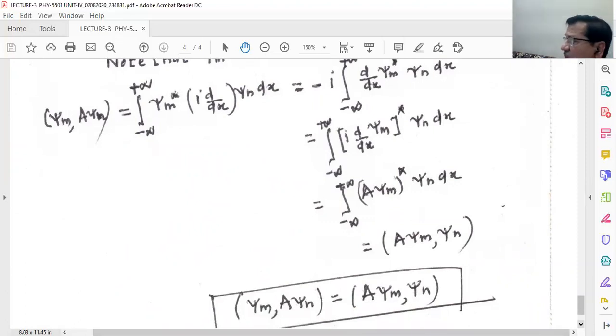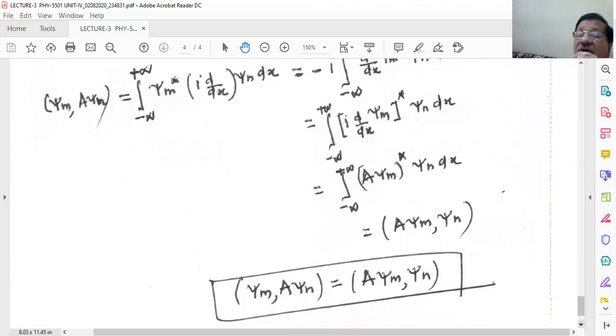So I think in the next lecture we will take various problems on the Hermitian operator. We will find out the adjoint property of the operators, and we will check whether the operators are Hermitian operators or not.